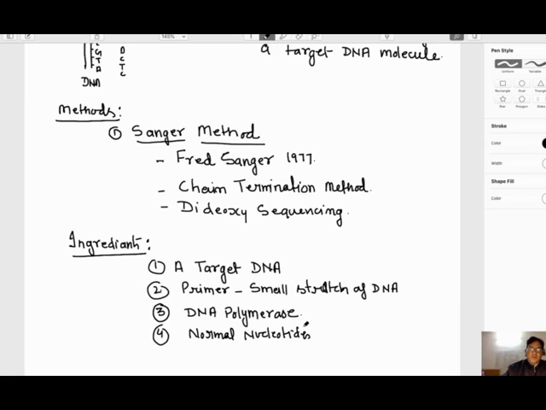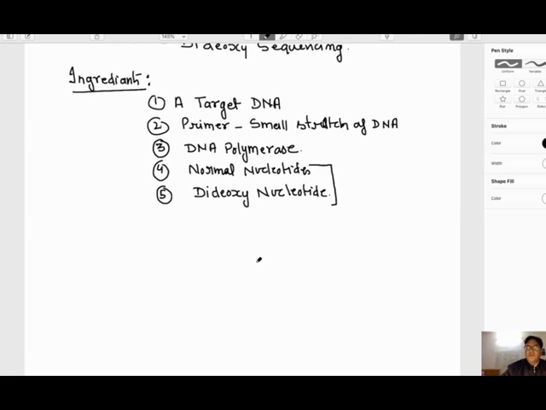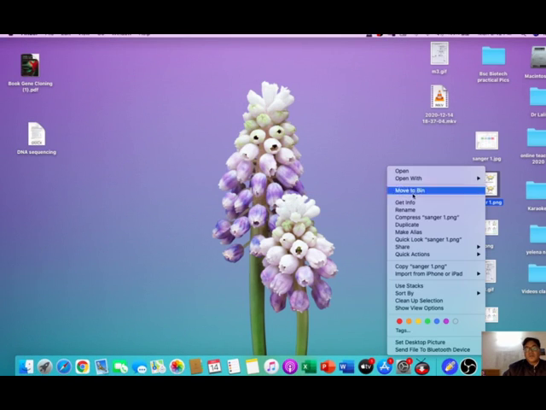Then we also need a special type of nucleotide which is called a dideoxynucleotide. All right. So let us see the difference between these two, a normal nucleotide and a dideoxynucleotide. So let me take this.